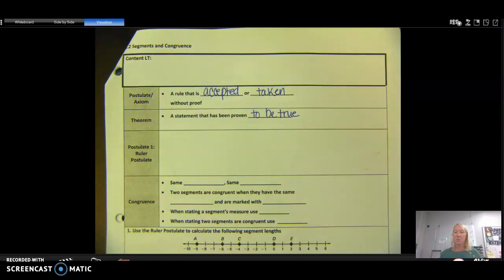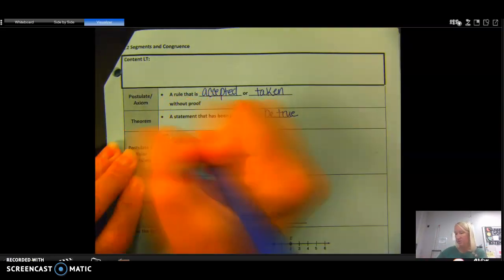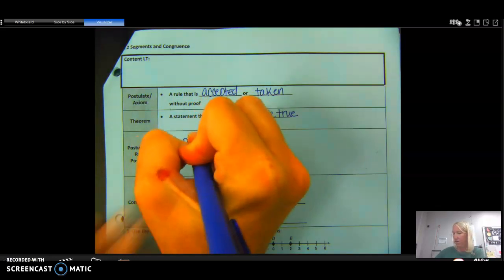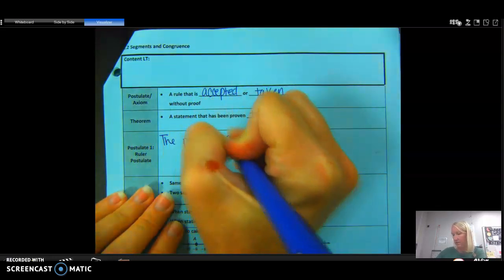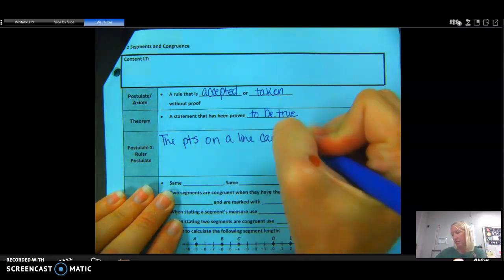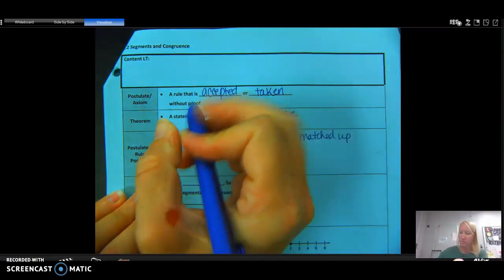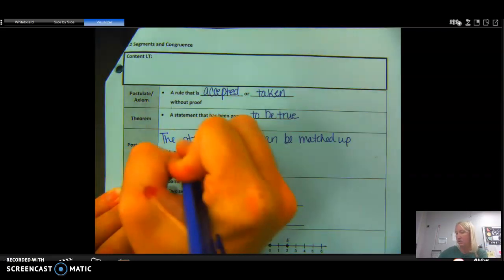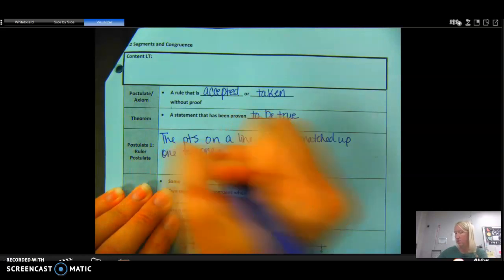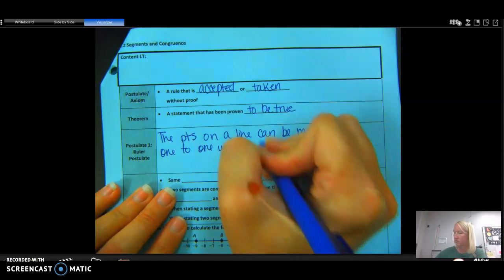Okay, postulate number one. This is the ruler postulate. It states that the points on a line can be matched up one-to-one with real numbers.